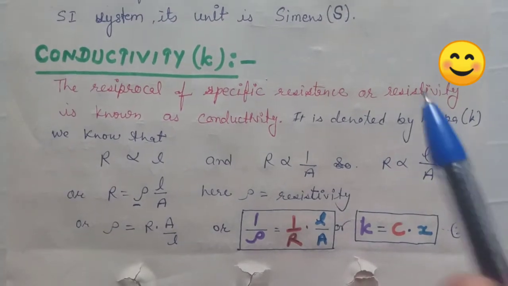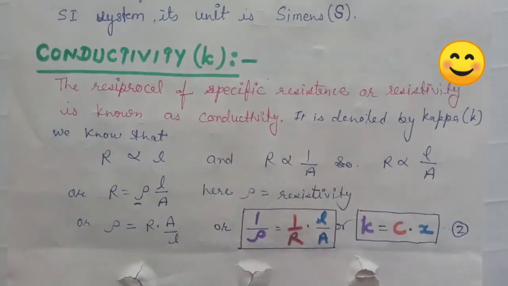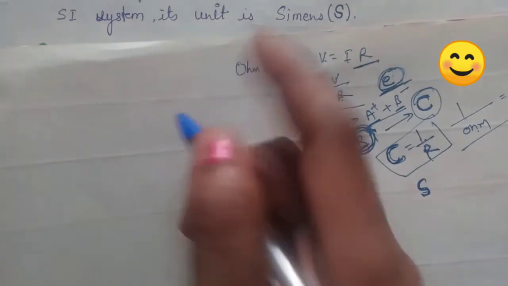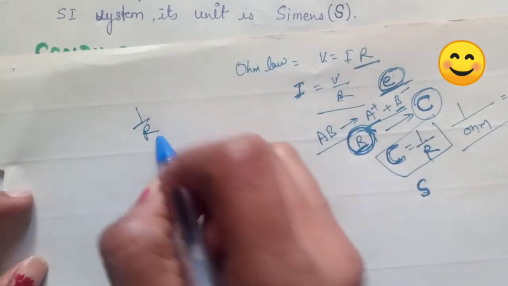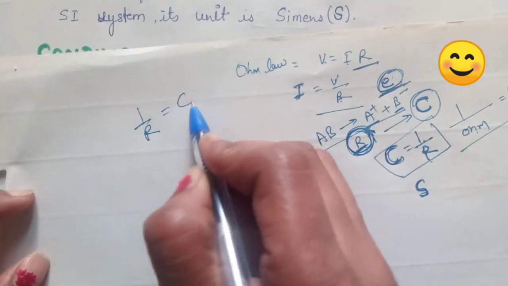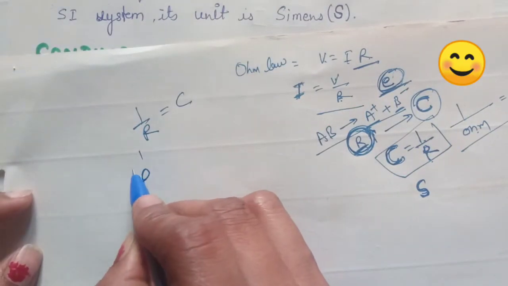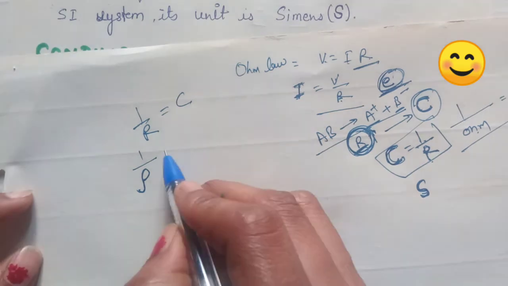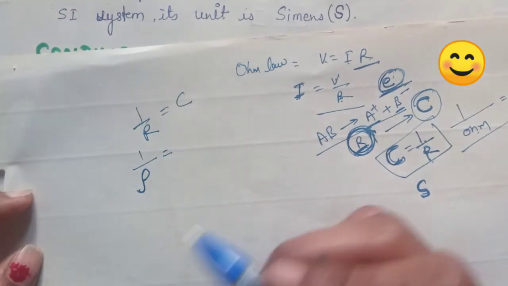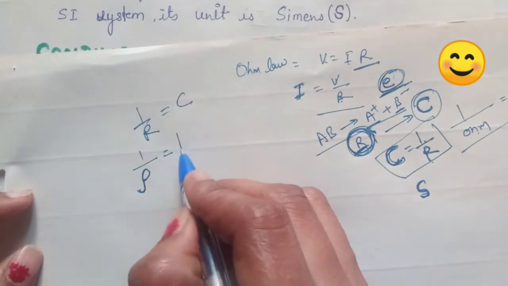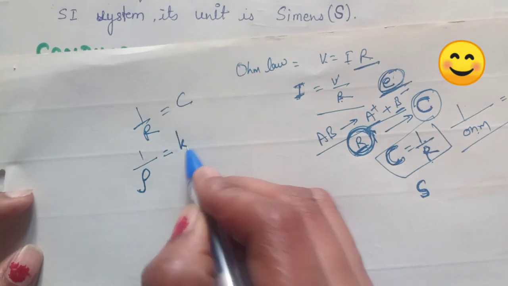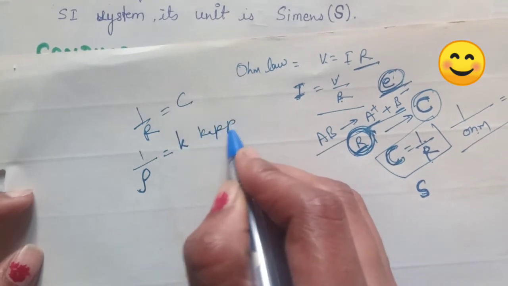As we have discussed, the reciprocal of resistance is conductance. In the same way, we know rho means specific resistance. The reciprocal of specific resistance is known as the specific conductance, denoted here by small k, which is kappa.